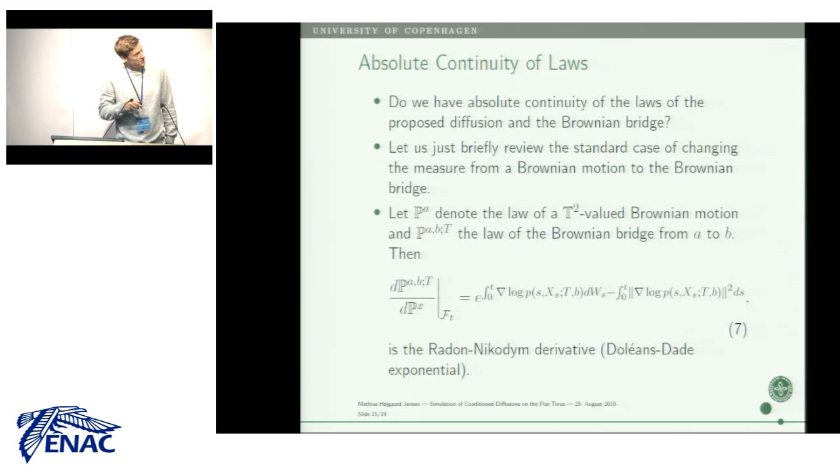Of course, they become singular at time capital T because the probability of a Brownian motion taking one specific value is 0, whereas under the law of the Brownian bridge it has probability 1 of happening. But this density depends on the gradient of the logarithmic heat kernel, and this term, by Girsanov's theorem, says that under a pseudo-local change of measure we can relate these two.